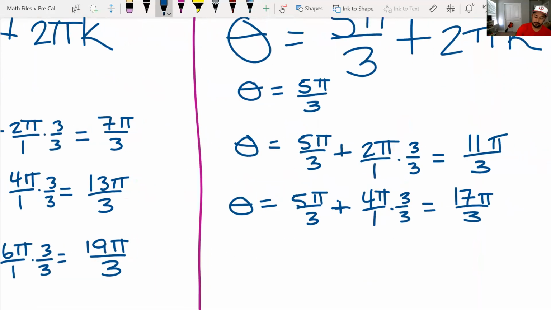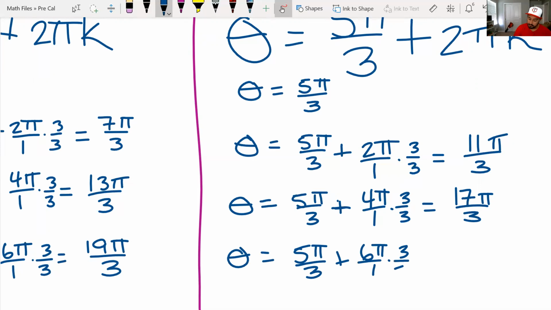Same thing over here. Theta equals 5 pi over 3 plus 6 pi over 1 multiplied by 3 over 3, 5 pi over 3 plus 18 pi over 3. What is that? 23 pi over 3.